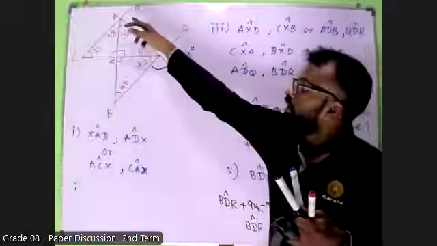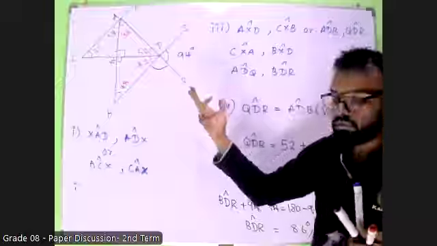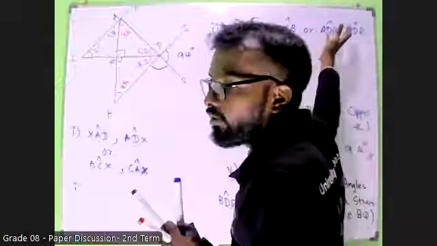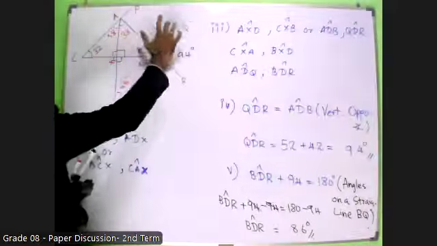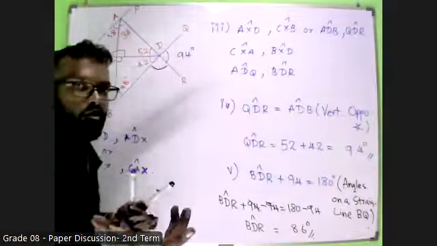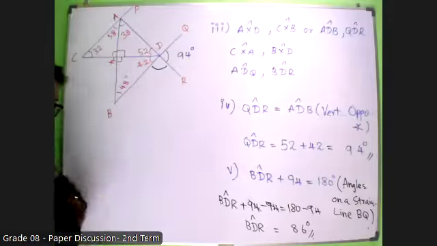What can you say about ADQ and BDR? We have told it previously: ADQ and BDR are vertically opposite angles. So final one, sixth one.